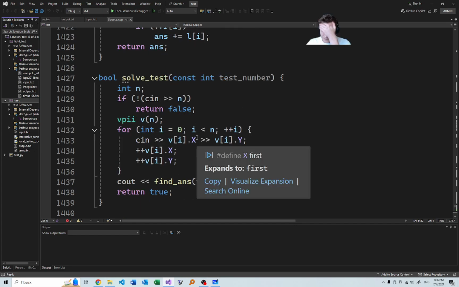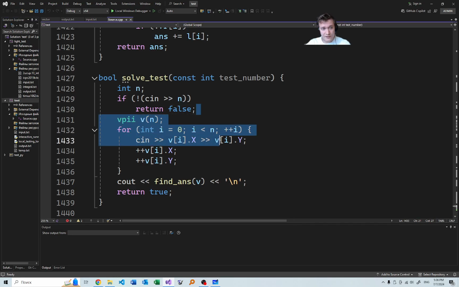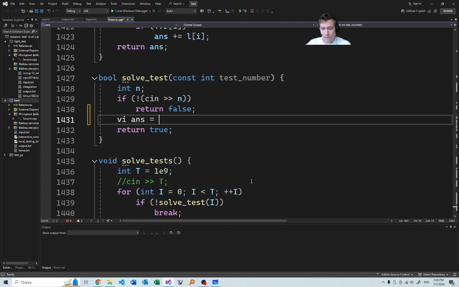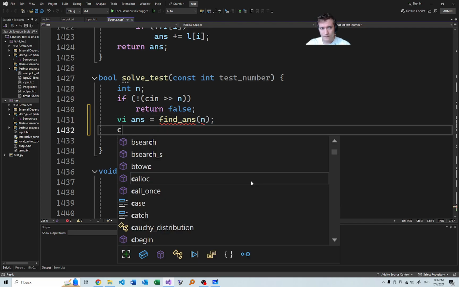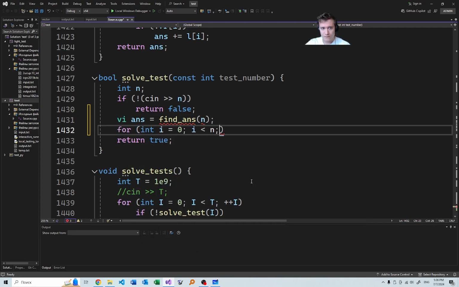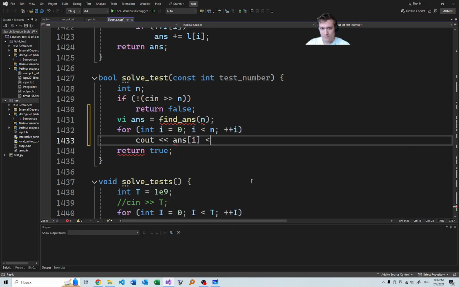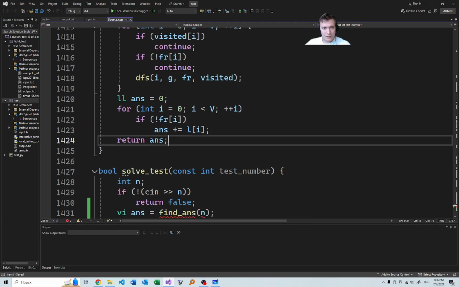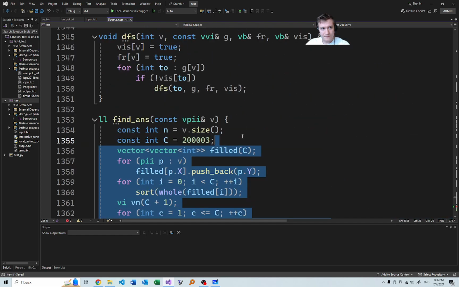We need to go down from n to 1 and satisfy the requirements. So find done should return a VI.